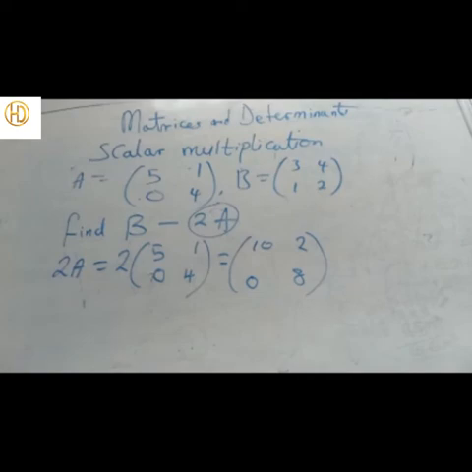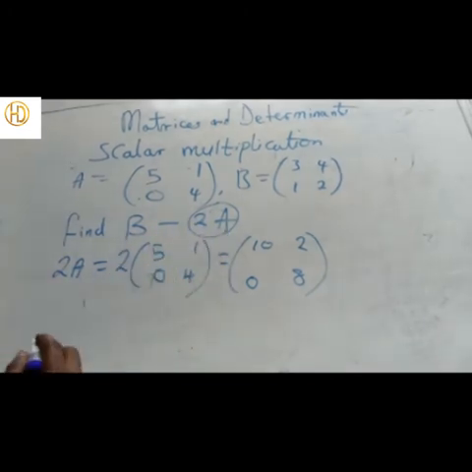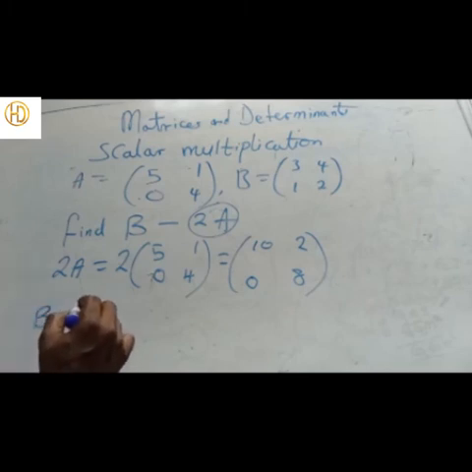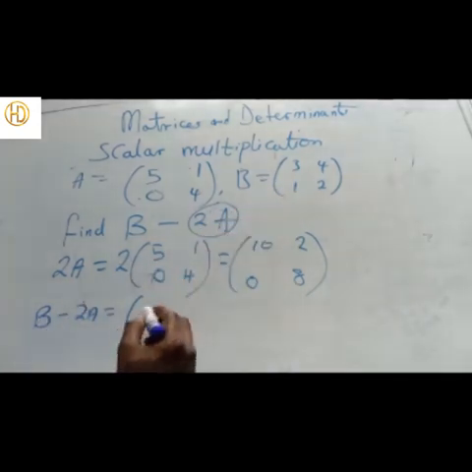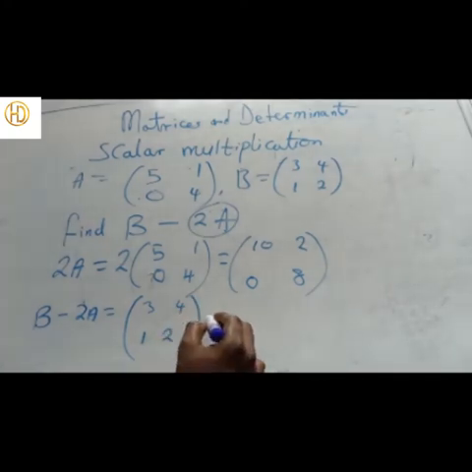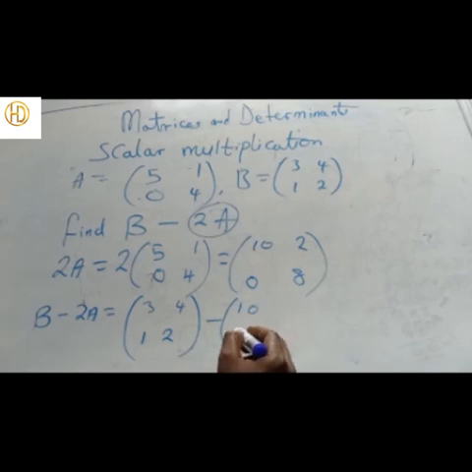Now, after we've done this, we can go ahead and find the difference between them. So we'll say B minus 2A equals, our B is this, 3 1 4 2, then minus 2A, which is 10 0 2 8.